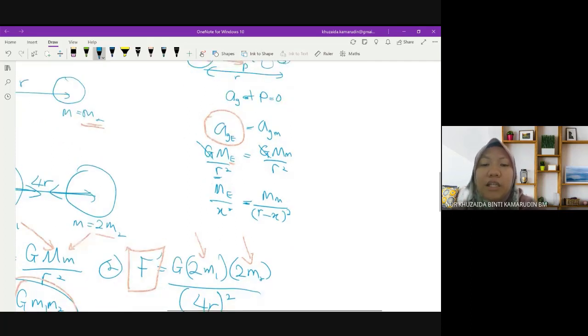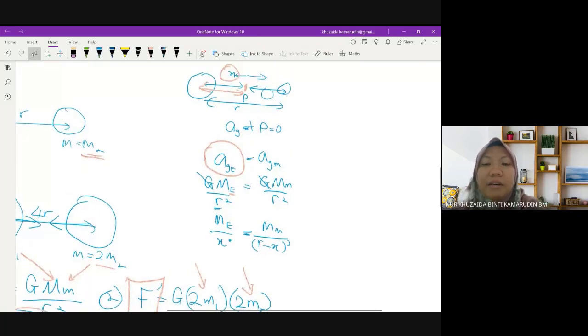Okay, so when we do the substitution, again I already reminded in the lecture, when you have this situation, do not expand this equation. Do not expand.